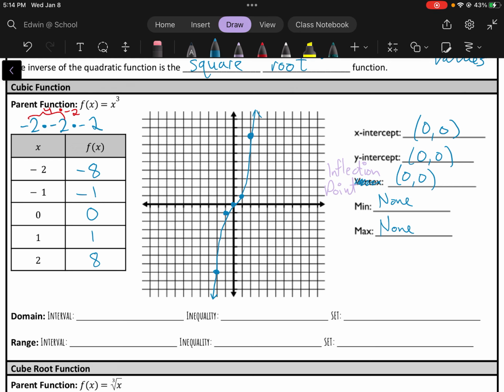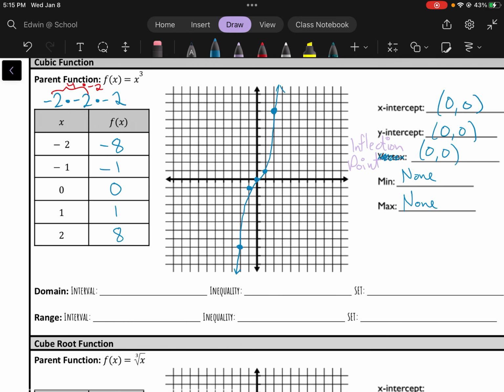And if it goes down forever and it goes up forever, and if it looks like it goes to the left forever and to the right forever, then we could say it's all real numbers. So it's unbounded in every single direction, meaning we don't have to put any type of restriction on the domain and range. We just have to write infinities all across the board, making sure to write negative to positive, the least infinity to the greatest infinity.